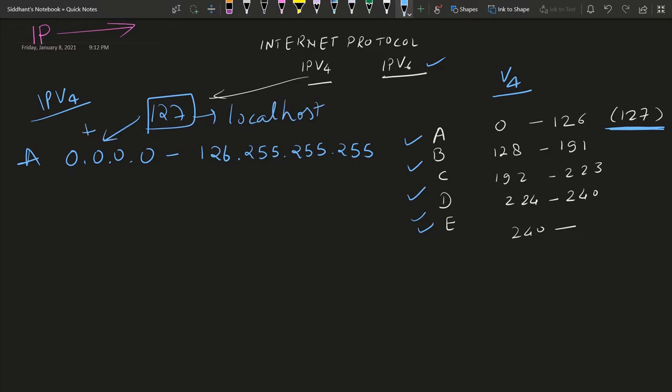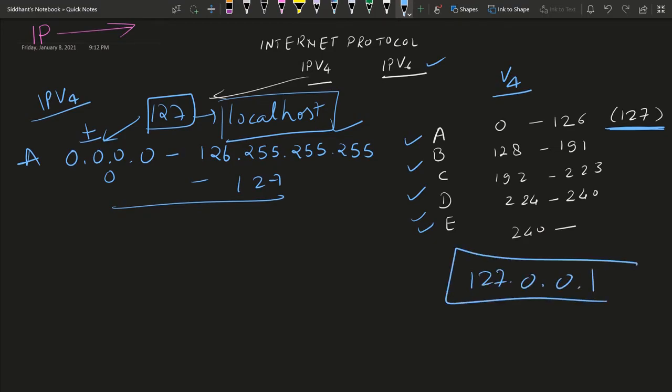You can include this in class A addresses, so it can be 0 to 127. But this 127, remember, we cannot use for any other purposes. This is reserved for local host. A local host means the device's internal IP address. So if you ping this local host, the device will ping itself. The most common local host is 127.0.0.1, but we have reserved the whole 127 series for the local host, though we commonly use this one.